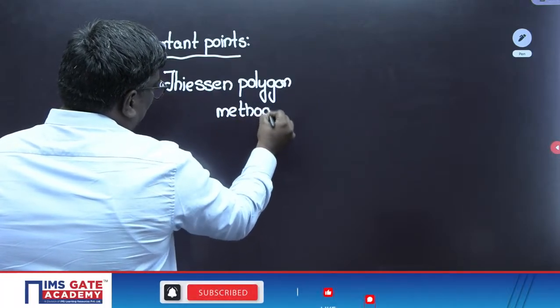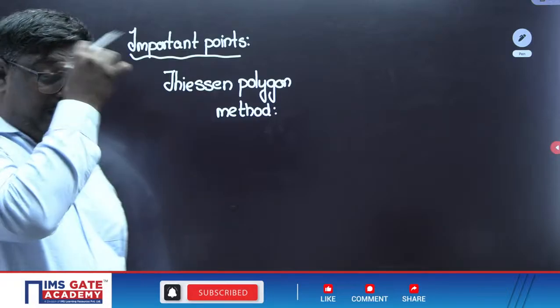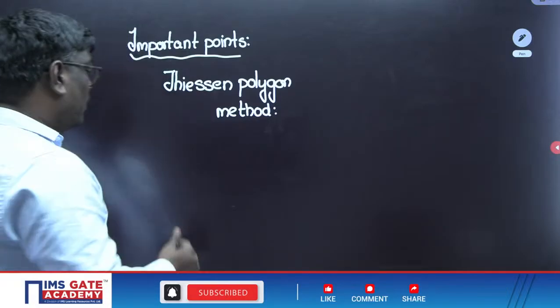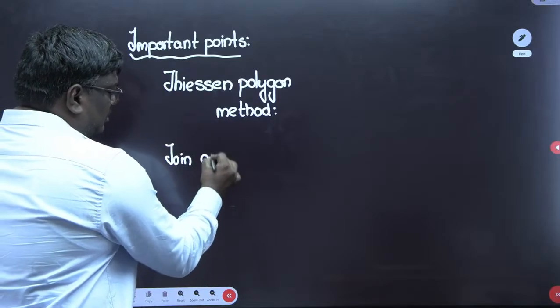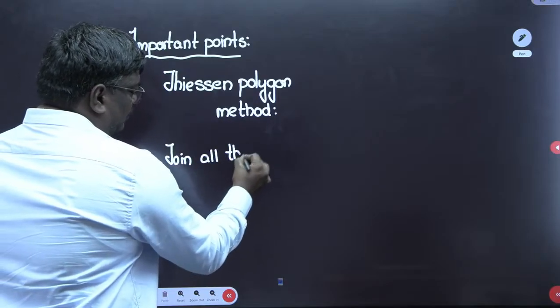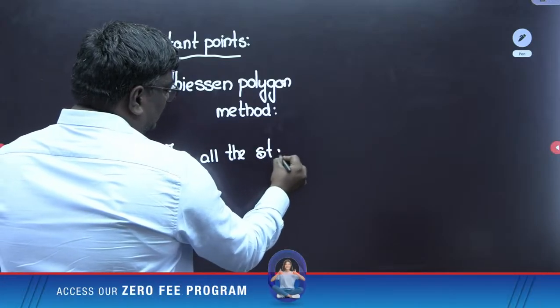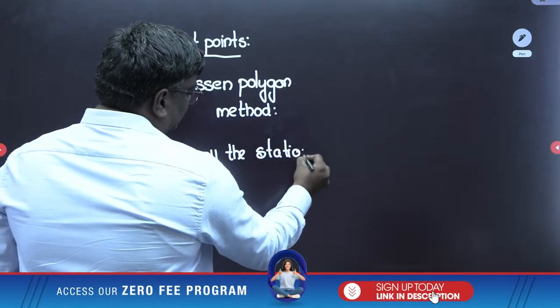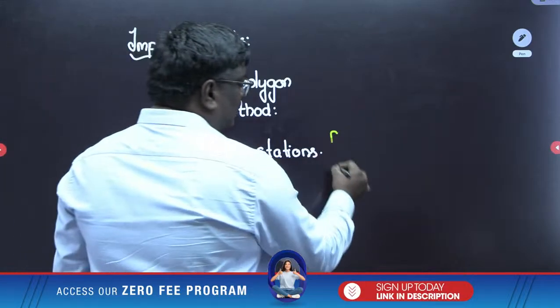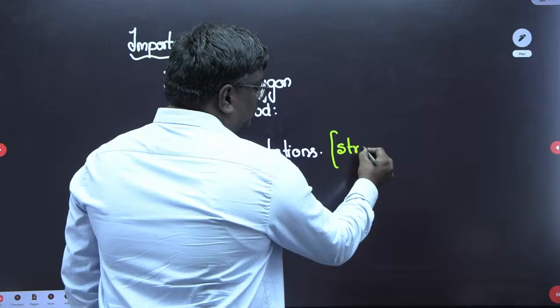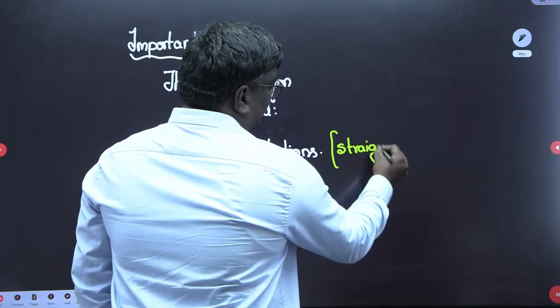See, my dear students, here in Thiessen-Polygon method, first join all the stations. The first point you have to do is join all the stations with what, sir? With straight lines. So this is the point where you have to remember.